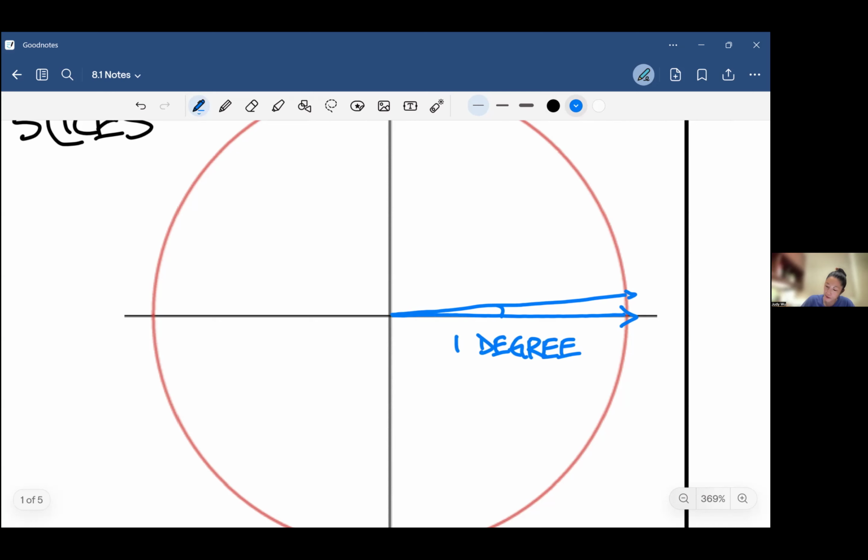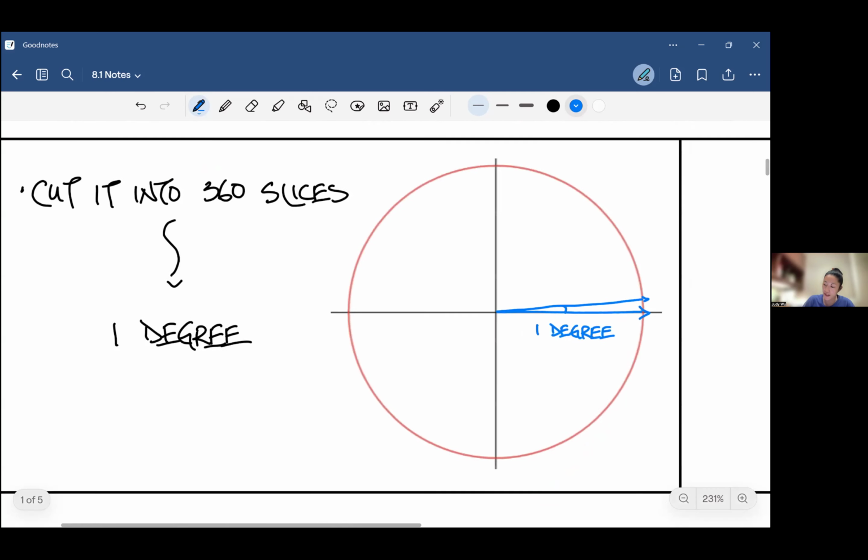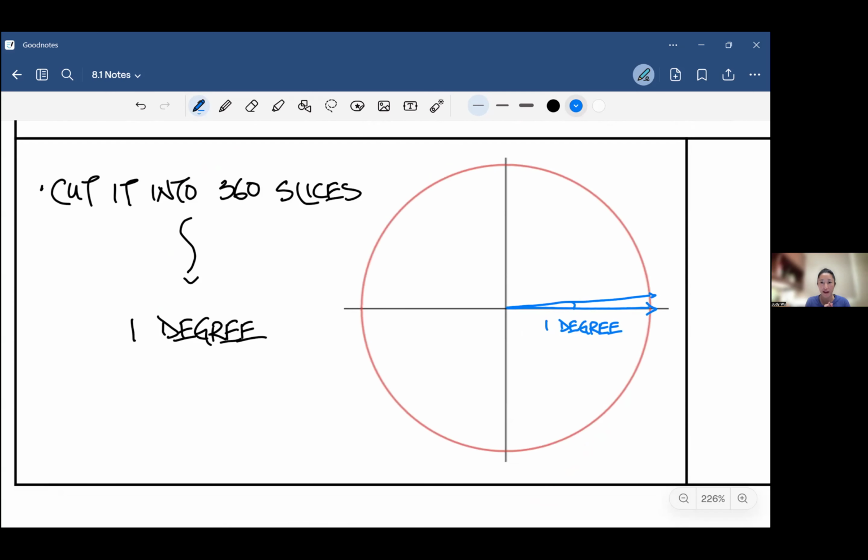Okay. Now, I think we can agree that my diagram's not super accurate, right? In fact, I would want to make that even smaller to fit 360 of those slices in here. But that's the general idea, okay? If we cut this circle into 360 slices, we will get slices that are all 1 degree in size.